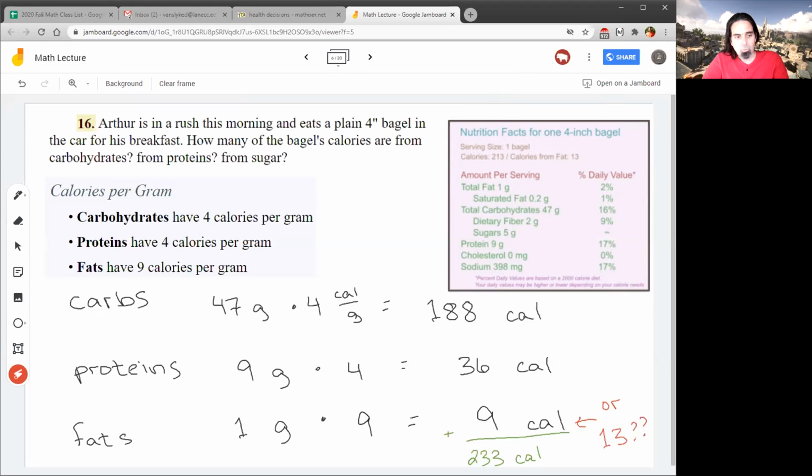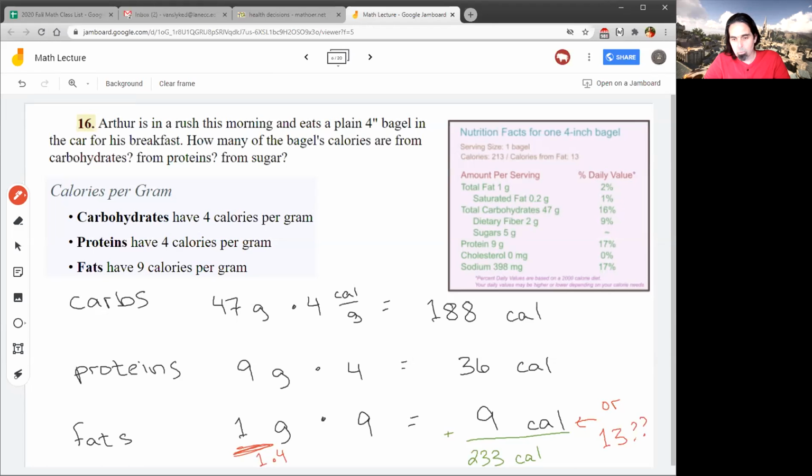If 13 is the right answer, what should we change the 1 to be instead? It has to be a little bit bigger than 1 if this number times 9 will be 13 instead of 9. If we do 13 divided by 9, we get about 1.4.